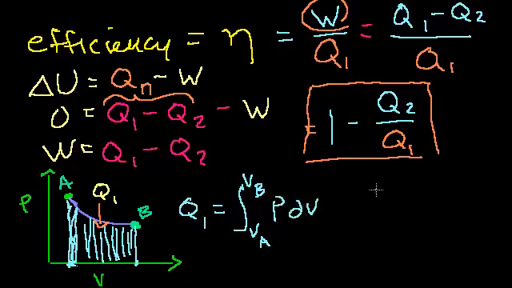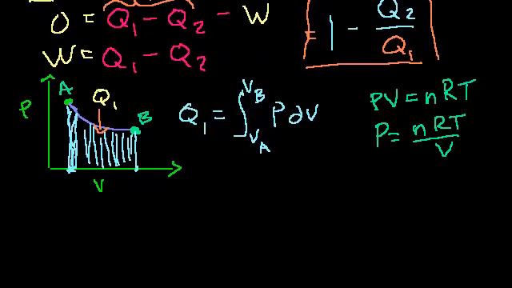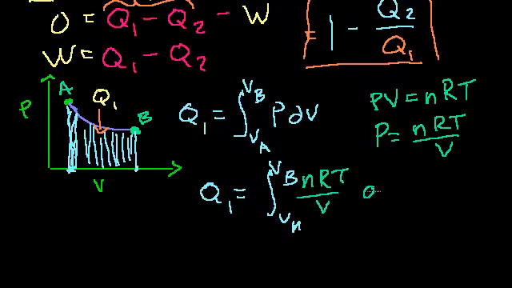We go back to our ideal gas formula. PV is equal to nRT. Divide both sides by V, and you get P is equal to nRT over V. And so you have Q1 is equal to the integral from VA to VB of nRT over V dV.